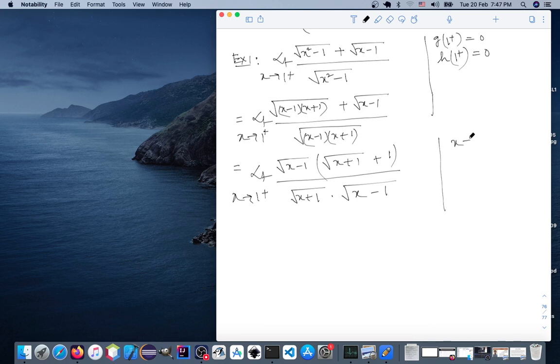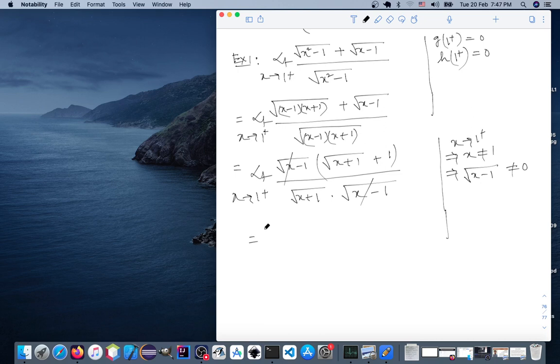Since x is tending to 1 positive, this implies x not equals to 1. This implies root over x minus 1 not equals to 0. Since root over x minus 1 is not equals to 0, we can cancel out the factor.